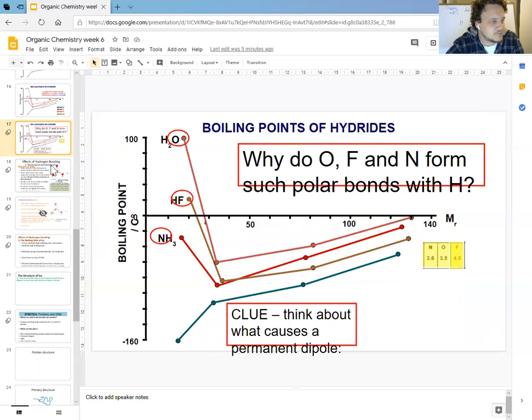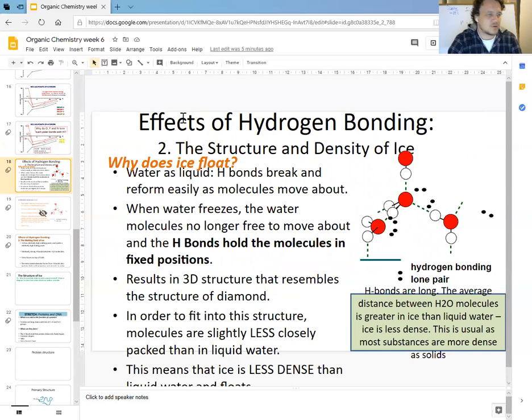So we talk about ice, water. Water shouldn't exist in the states that it does. Because there's a diamond tetrahedral lattice upon lattice upon lattice, the water molecules can't move about freely, so they're locked in place.